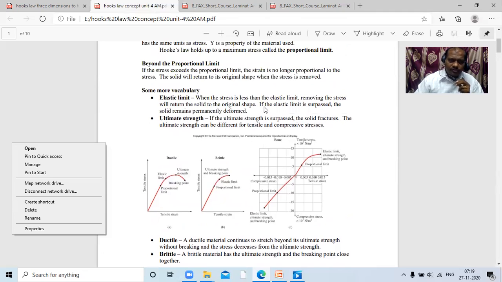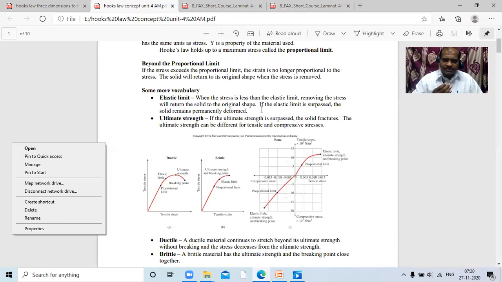So what we have concluded from this graph is, first, the brittle material is going to fail at the ultimate strength only. Second, the ductile material gives a warning beyond the ultimate strength. Third, the brittle material has a sudden failure without giving any warning.